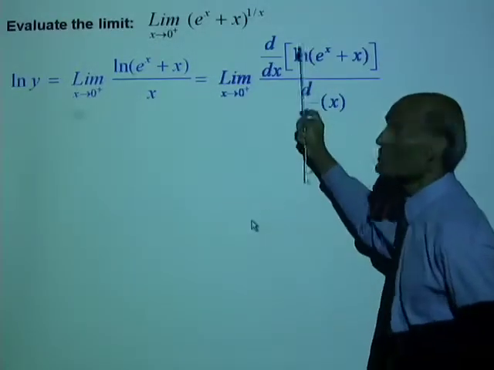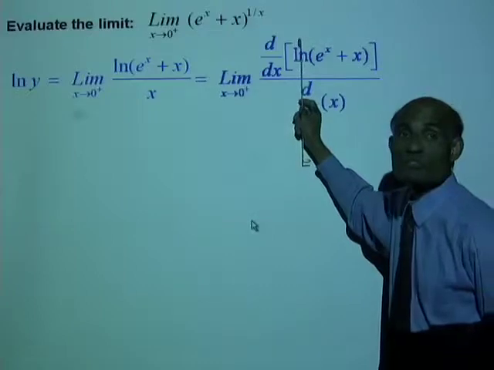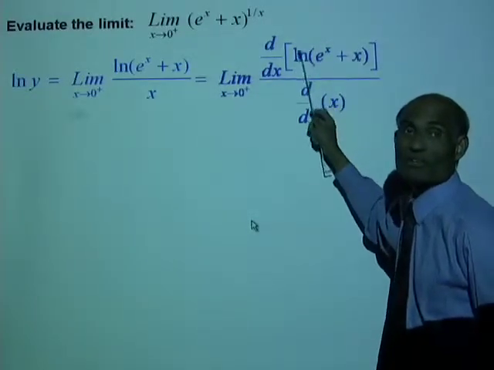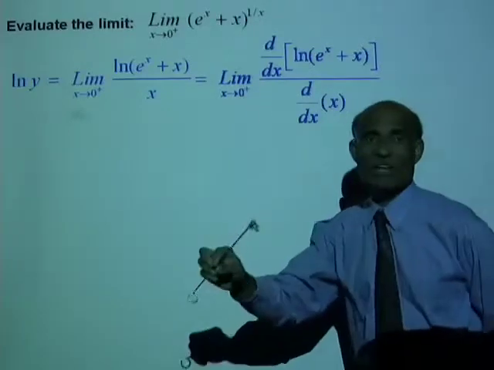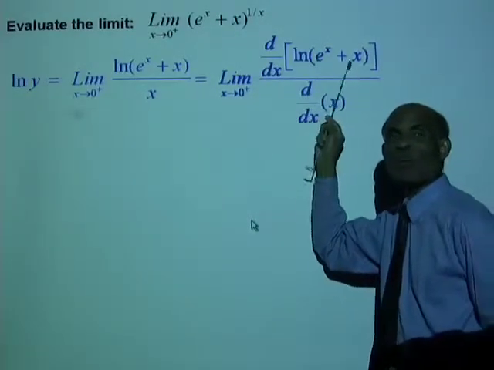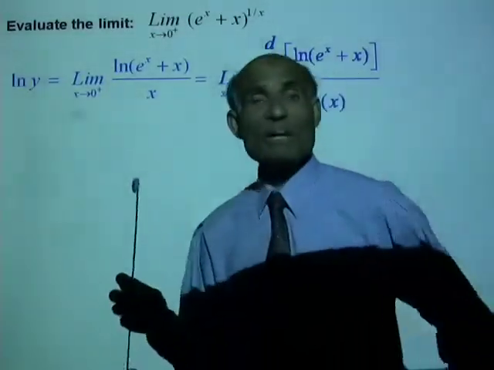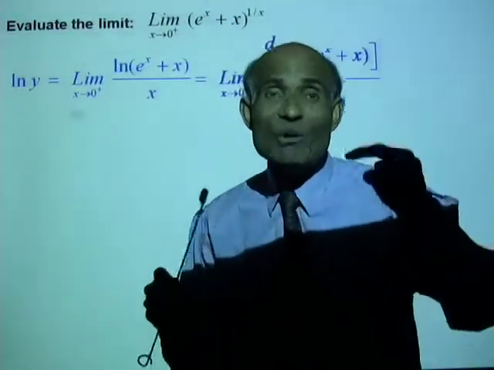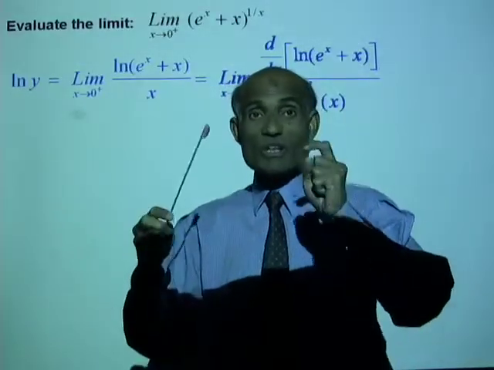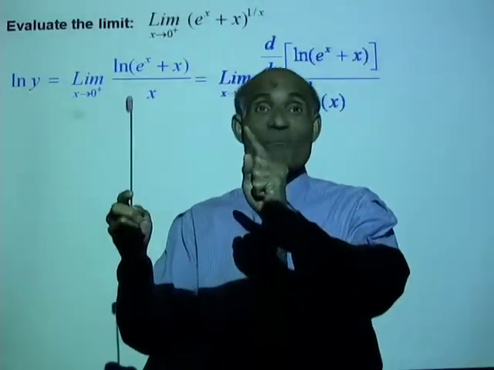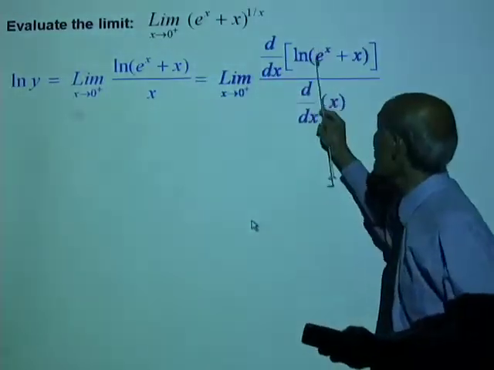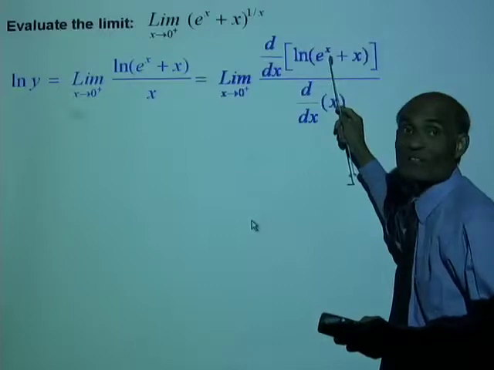Okay, and now tell me what is the derivative of ln of e to the power of x plus x. Now try and write it down on a piece of paper, the derivative of an ln quantity. Remember, the derivative of an ln quantity is 1 over that quantity times the derivative of that quantity. Here the quantity is e to the power of x plus x.